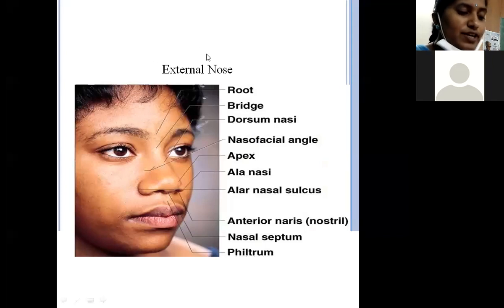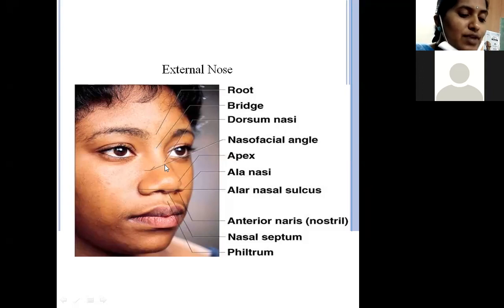Next, what are the different parts of the external nose? We have the tip or apex, and where the upper end of the nose is joined with the forehead, it is called the root of the nose. The rounded area between the root and the apex is called the dorsum nasi.